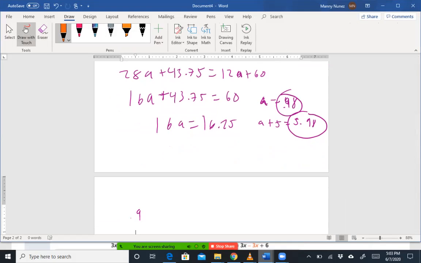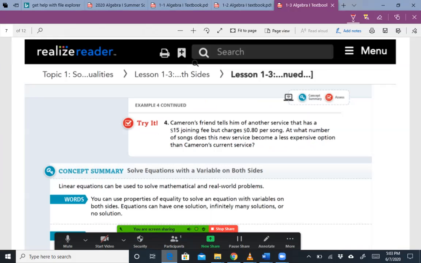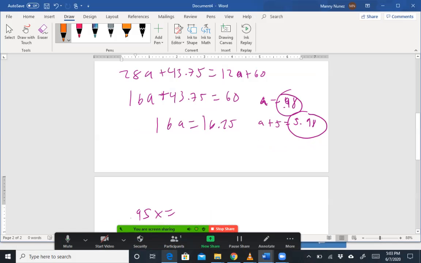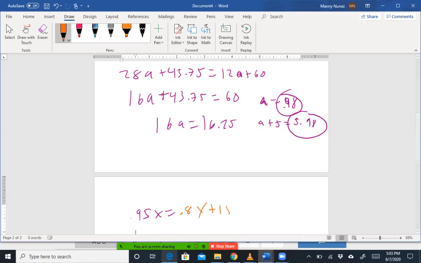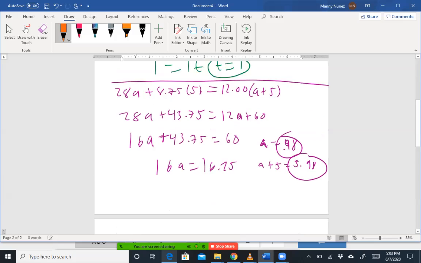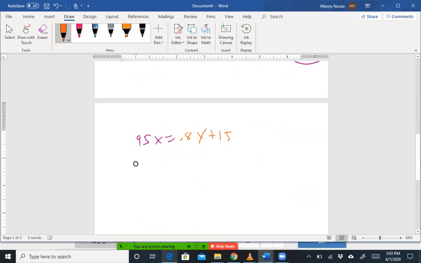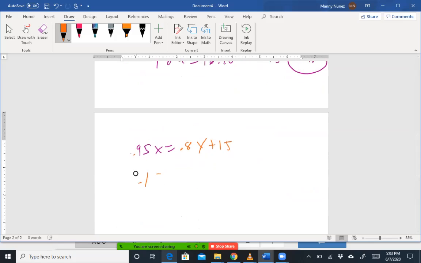So 0.95x equals, it's going to be 80 cents plus 15. So 0.8x plus 15. Let's solve for x to figure out when they're both equal. I move the 0.8x to the other side because that contains a decimal point. So 0.15x equals 15.